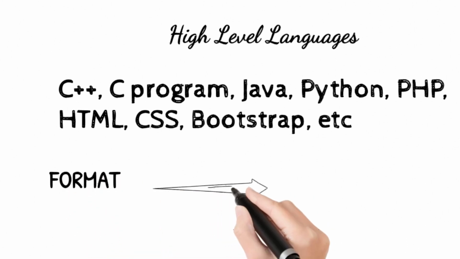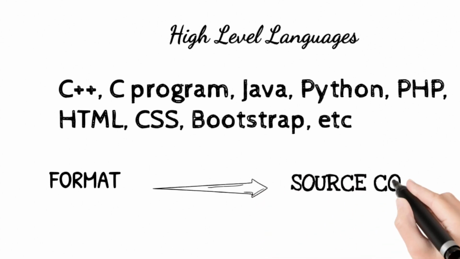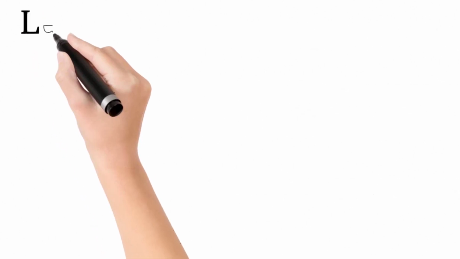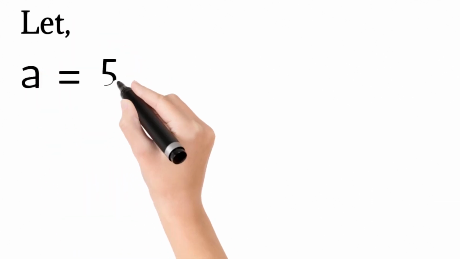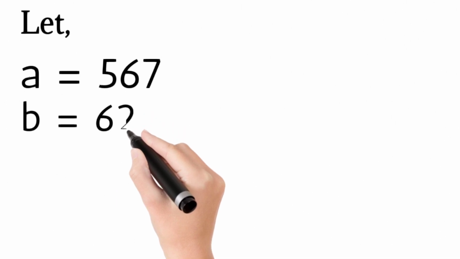High-level languages, if they are written in a particular format, are known as source code. A short example of source code is: let A equal 567 and let B be 623.